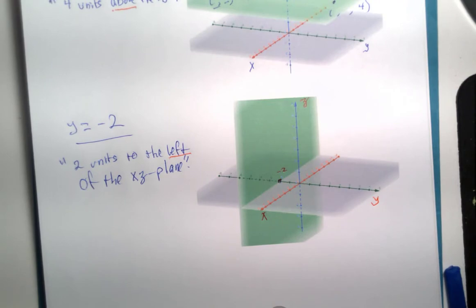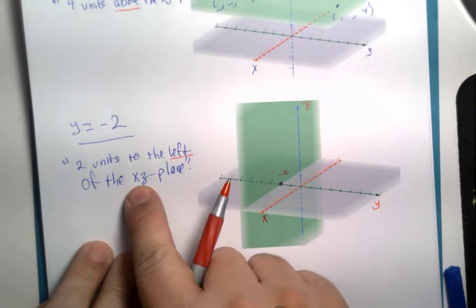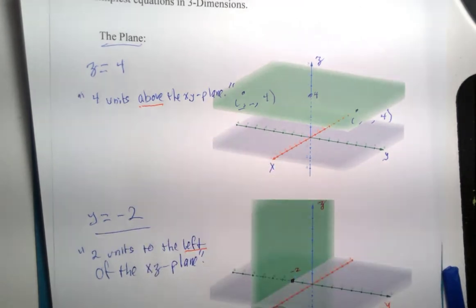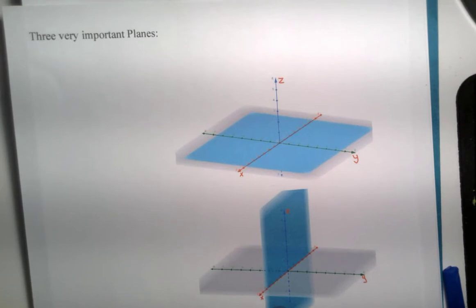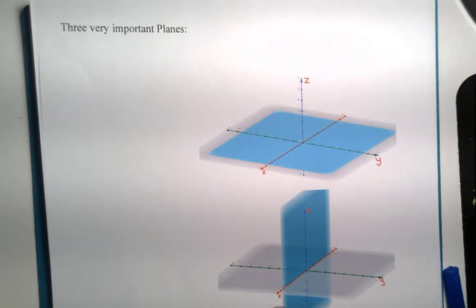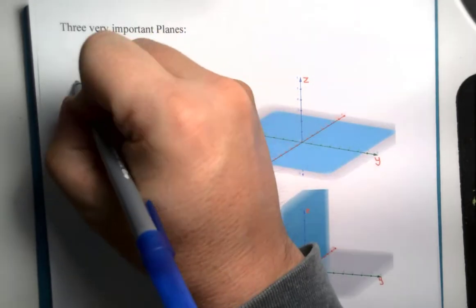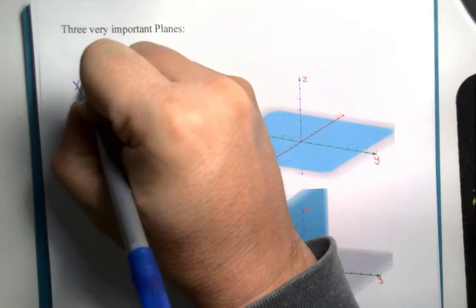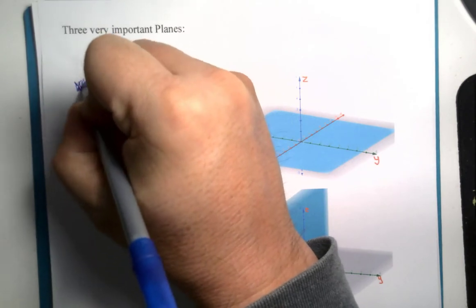Now, you've heard me say xz plane and xy plane. Let's end this little segment looking at these 3 planes in particular. The xz plane, sorry, that would be a typo.